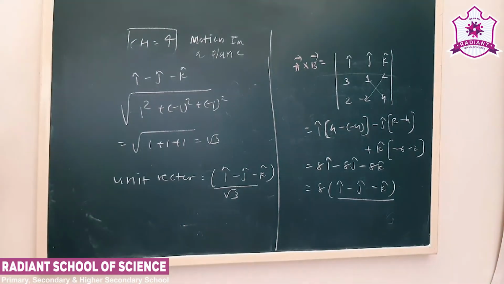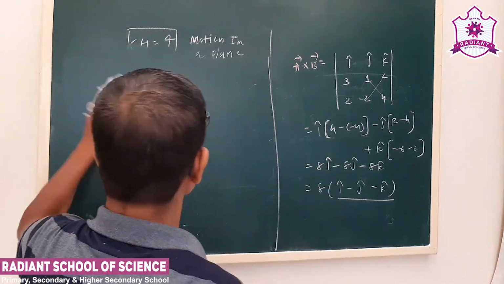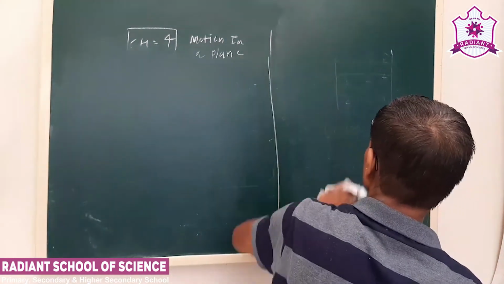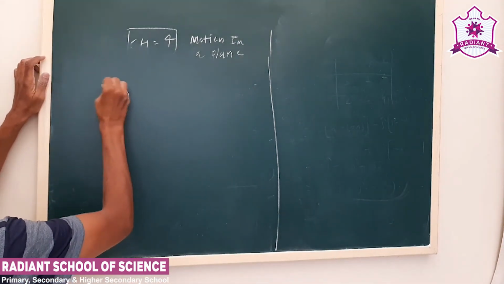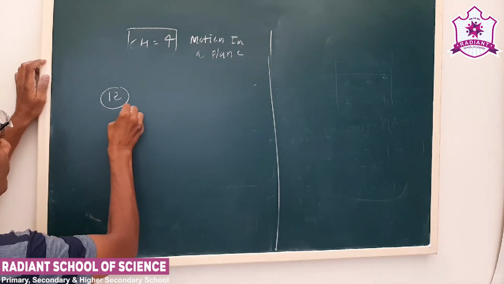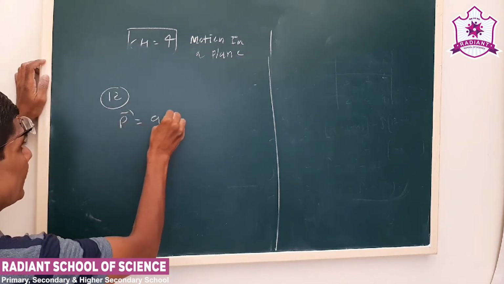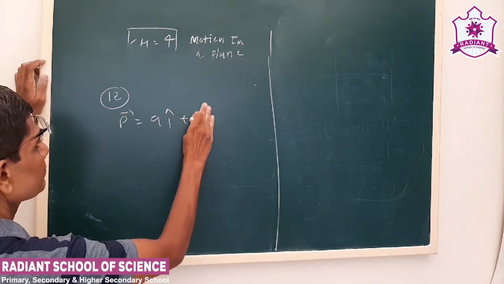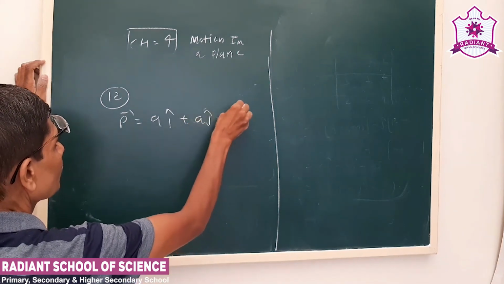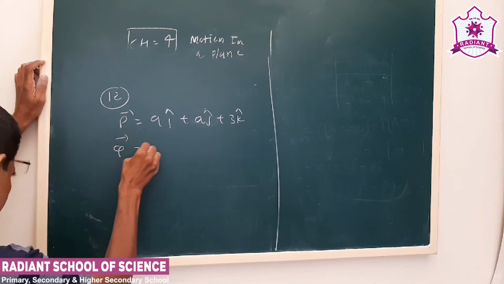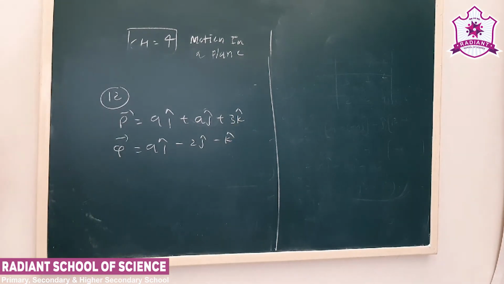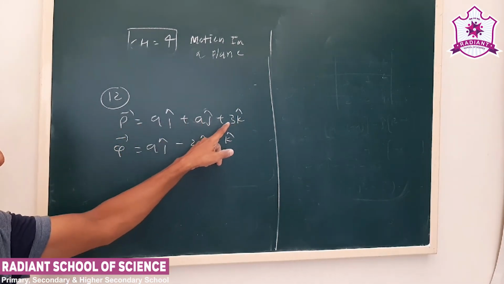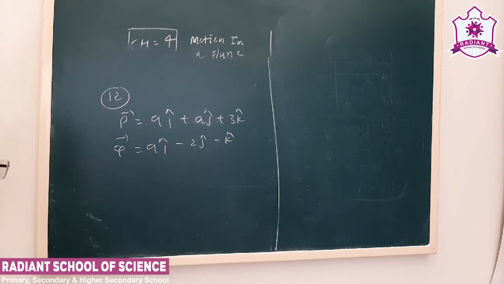Okay. Now one more question. Vectors are given: P is equal to ai plus aj plus 3k and Q is equal to ai minus 2j minus k caret.